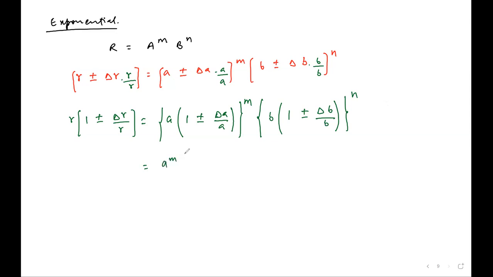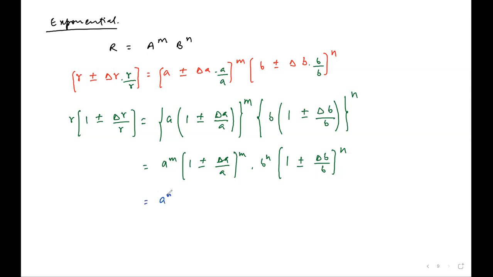So it will be A raised to M (1 plus minus delta A by A) to the power M. Similarly, B raised to N (1 plus minus delta B by B) raised to N. According to binomial expansion, this power will get multiplied with this coefficient.